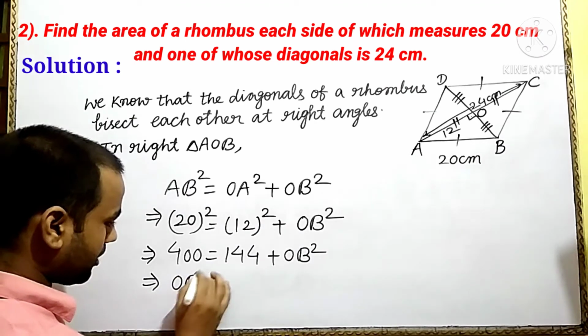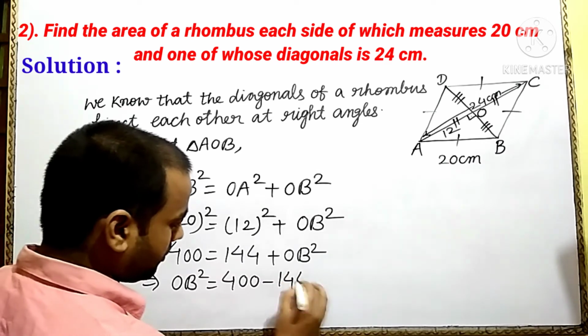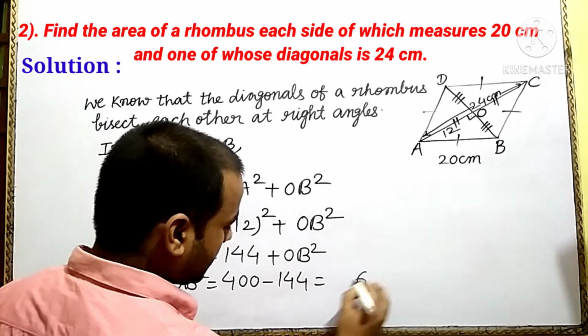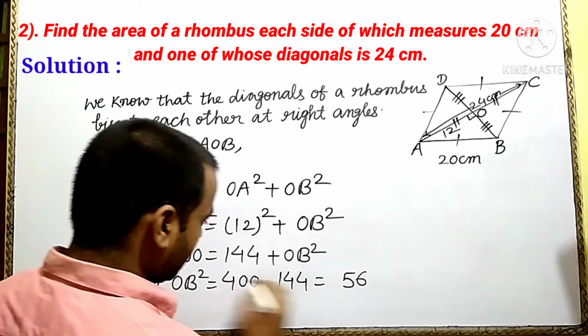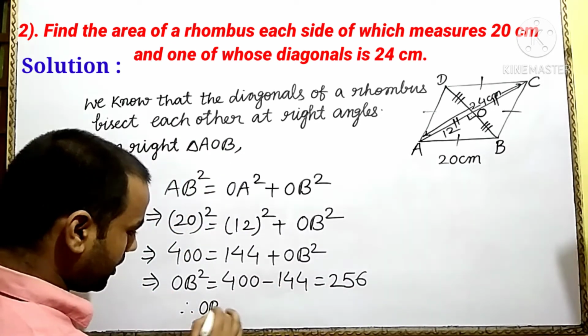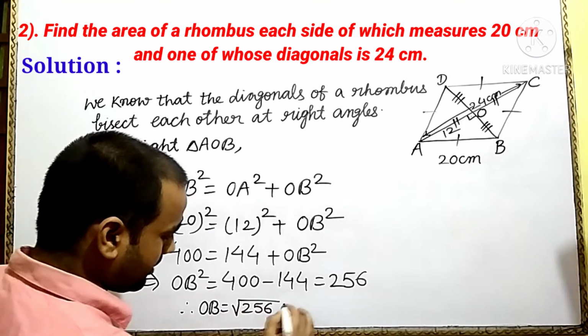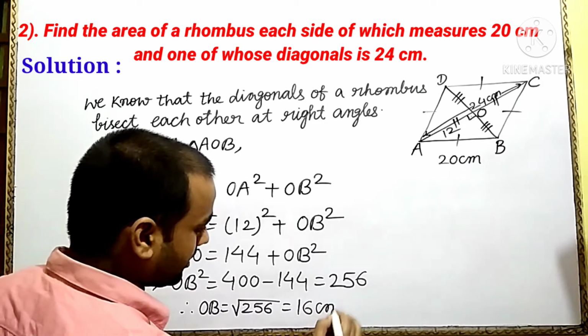OB square is equal to 400 minus 144, which is 256. So therefore OB is equal to square root of 256, means 16 centimeter.